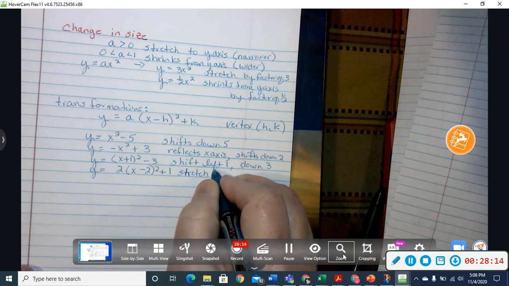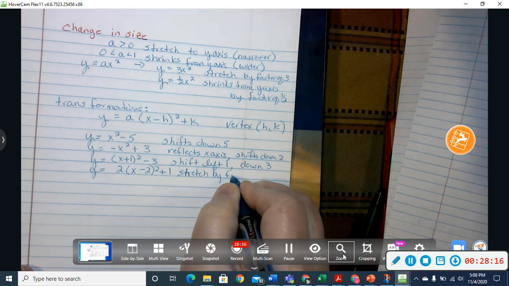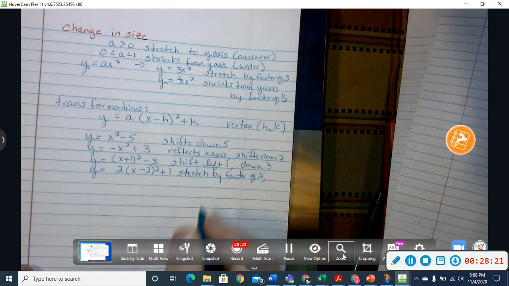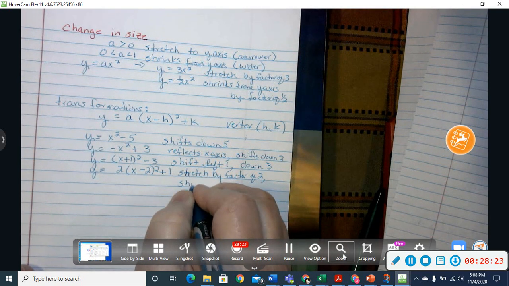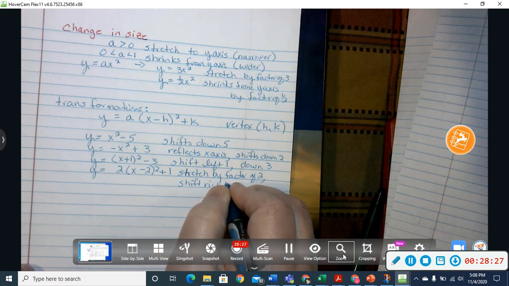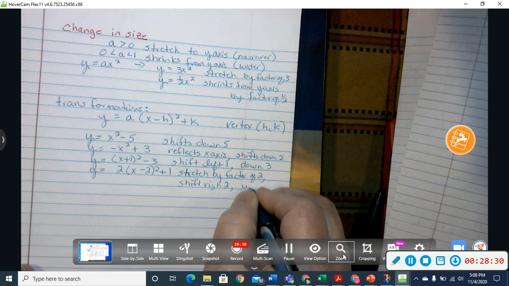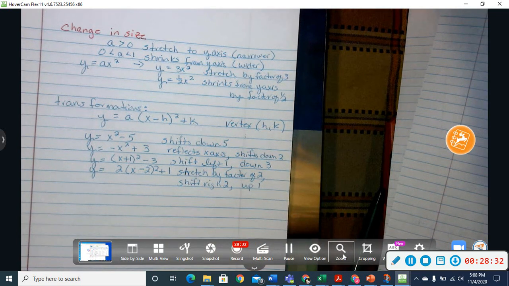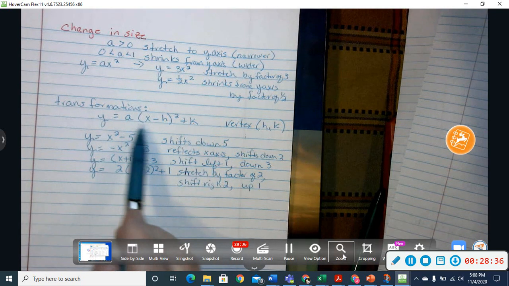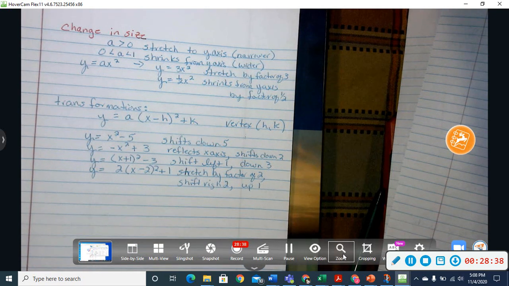So stretch by a factor of 2. It's going to shift right 2 units, and it's going to shift up 1 unit. So again, by looking at the equation and knowing what each position and value in those positions does, we can predict what a transformation would be.